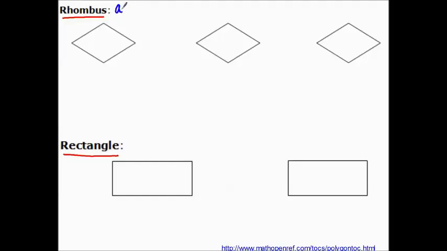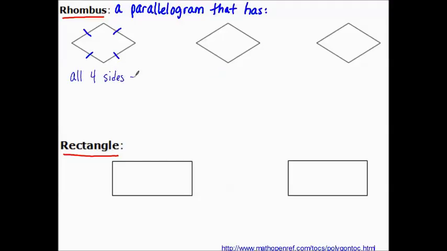So we will say a rhombus is a parallelogram that has the following 3 things. 1, all 4 sides are congruent. Remember back to the parallelogram picture, just the opposite sides were congruent. Well, if all 4 sides are congruent, still the opposite sides are congruent, but now it's a little bit more specific. All 4 sides congruent, then it is more specifically a rhombus.